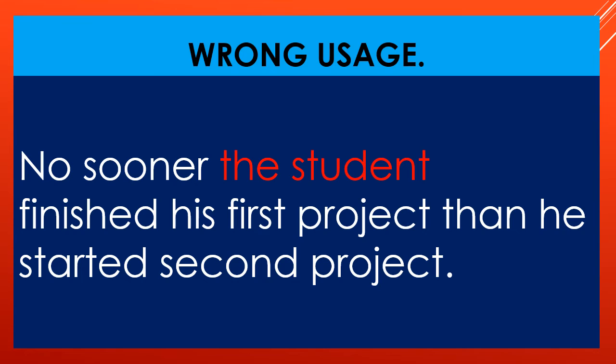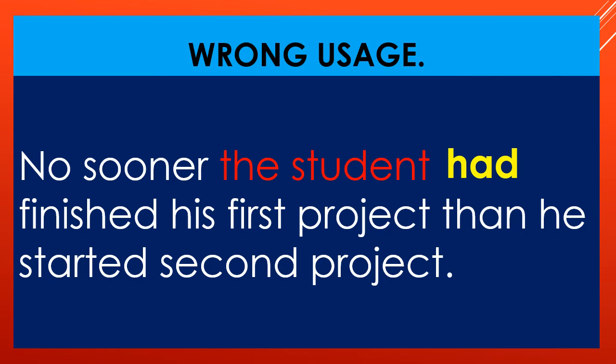See here, no sooner the student had finished his first project than he started second project. Here, what happened? The auxiliary verb had is used after the noun, after the subject, the student. Here, subject first, auxiliary verb next.